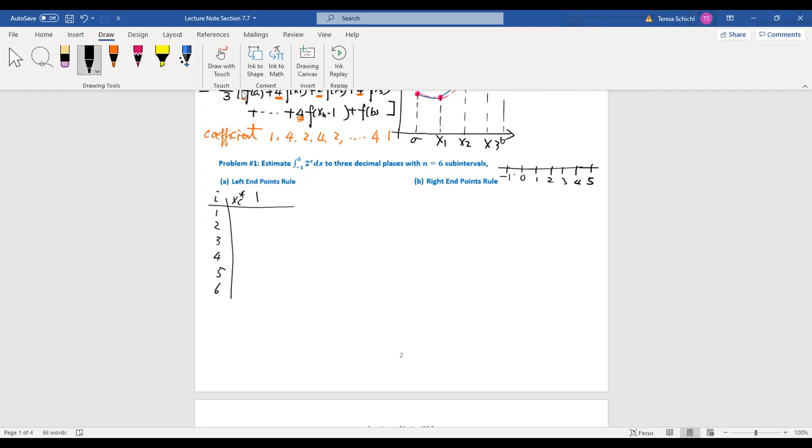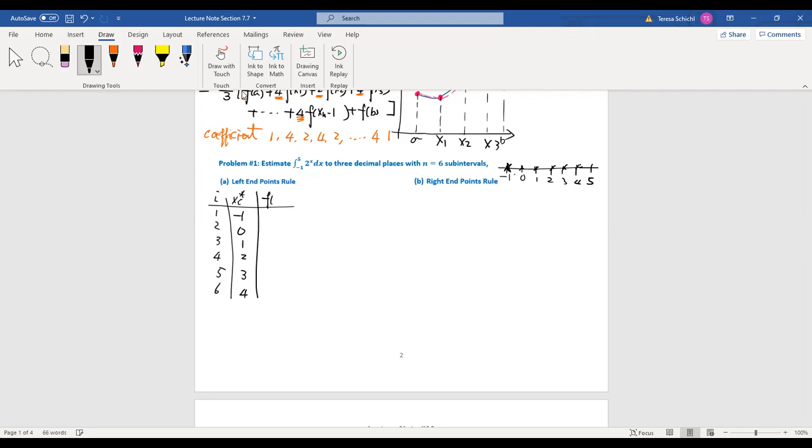You want to go through the left ends. The first one will be -1, and so on, so it's -1, 0, 1, 2, 3, 4.